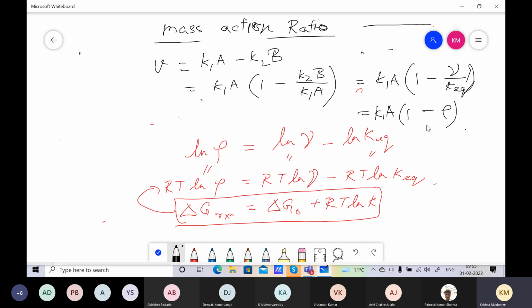Yes, sir. So now instead of working with thermodynamic principles, you can use the disequilibrium ratio and say essentially V is equal to V forward into 1 minus rho.